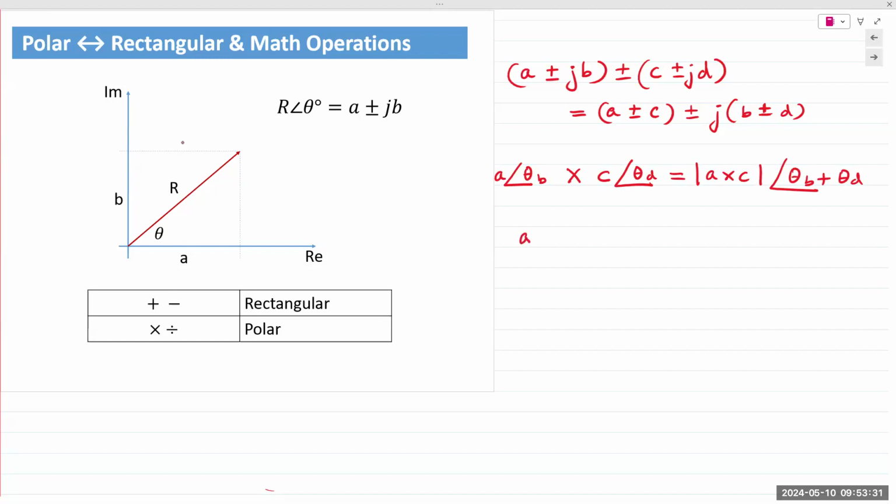If you have two numbers and you're dividing them, the magnitudes get divided. So magnitude A divided by magnitude C, and the phase angles get subtracted. Numerator minus the denominator.